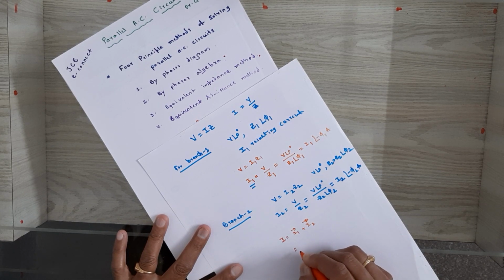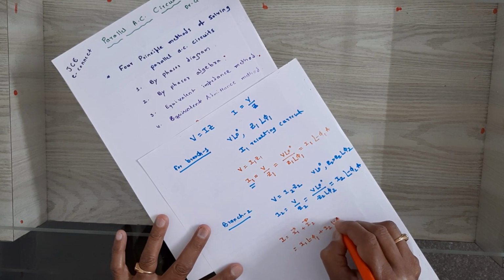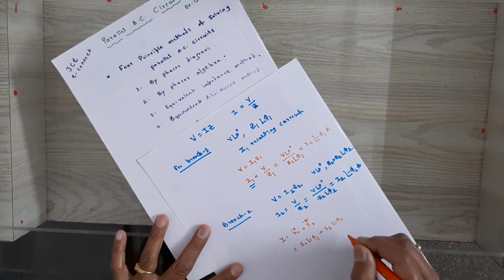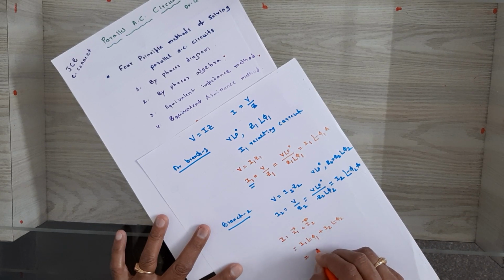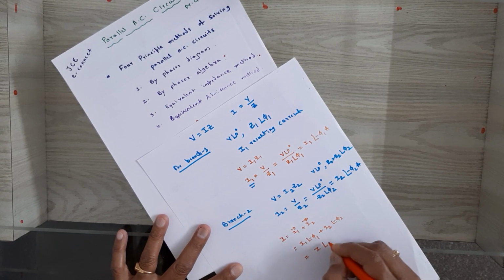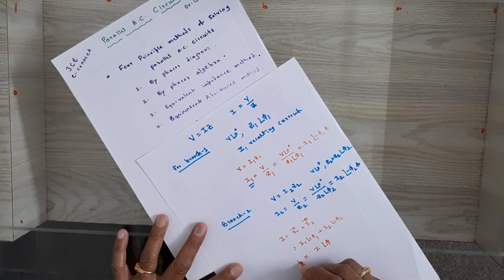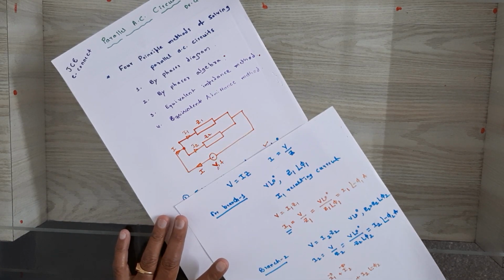That is I1 at an angle of phi 1 plus I2 at an angle of minus phi 2, or it may be plus phi 2 also, and here also plus phi 1, depending upon the reactance value. Adding using the calculator, you get the resultant total current I at an angle of either minus phi or plus phi. This is how you find the total current in the parallel circuit.